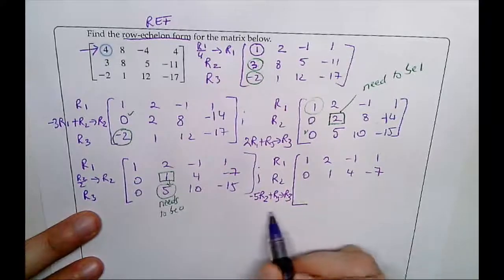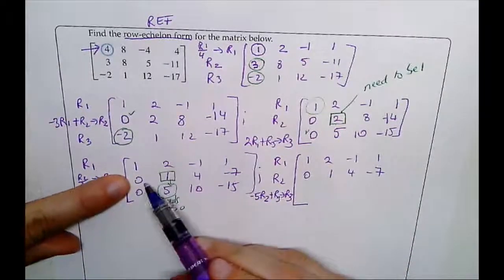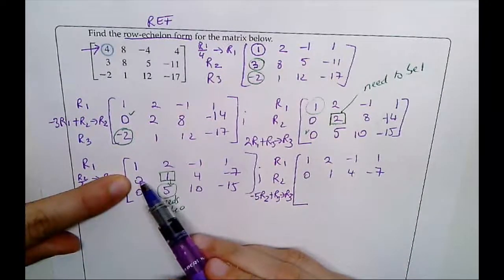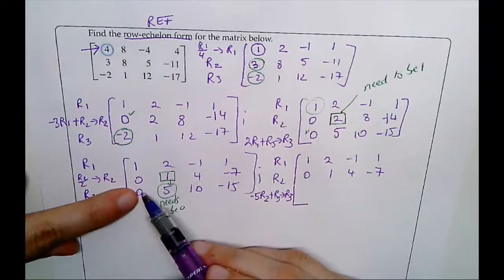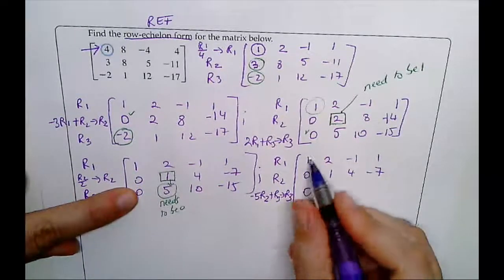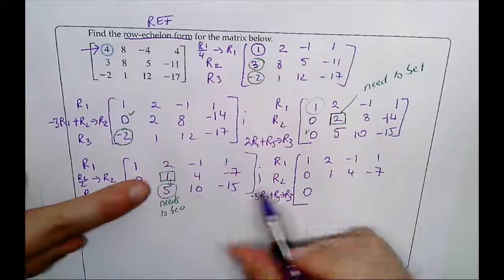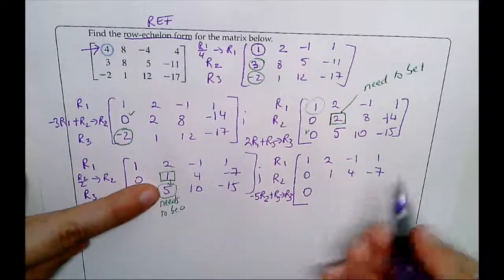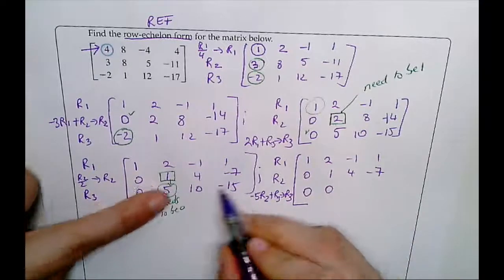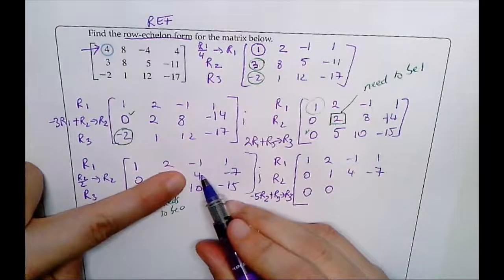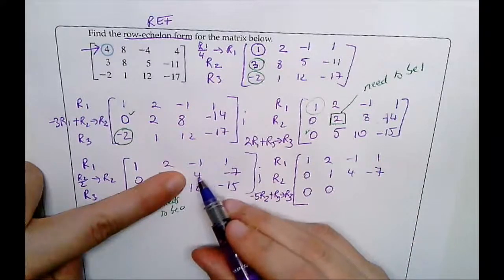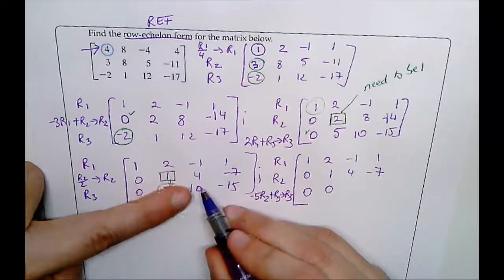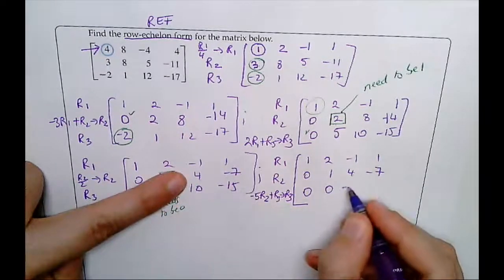So negative 5 times row 2. Negative 5 times 0 is 0 plus row 3, which is 0. So this stays a 0. Good, because I did not want to change that. Then negative 5 times 1 is negative 5 plus 5. That's a 0. Negative 5 times 4 is negative 20 plus 10, that's negative 10.